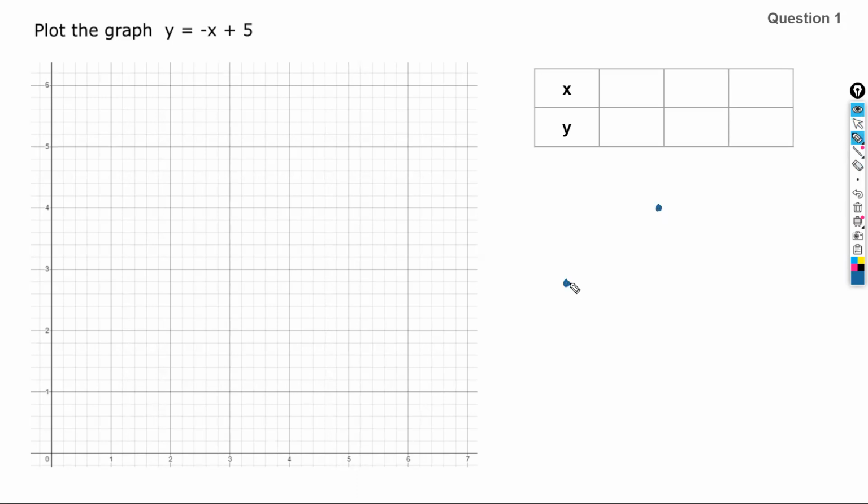If I put 2 points here, I can use my ruler to connect them. But your teacher will tell you to put 3 points. The reason you put 3 points is so that you're less likely to make a mistake. So I'm going to go with 3 points, even though realistically, you only need 2 points.